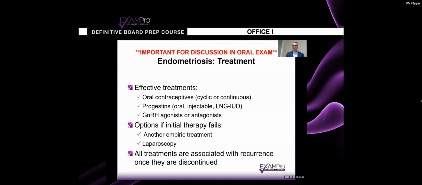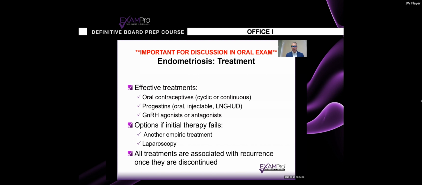When we talk about treatments for endometriosis, we generally start with more conservative treatment and proceed to more aggressive treatment. I will mention non-steroidal anti-inflammatories are not listed on this slide, but they are a reasonable first option. There's not conclusive evidence of effectiveness, but for especially mild symptoms, this might be something that we try in the beginning. Oral contraceptives can be given cyclically or continuously, as this slide points out.